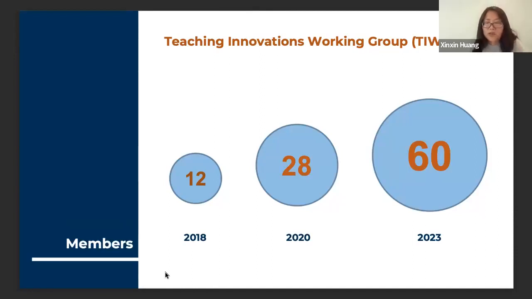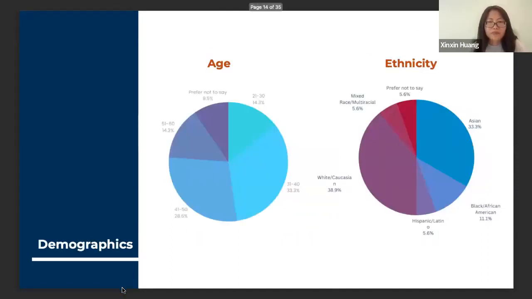TIWG is officially chartered in 2021. Since then, our membership has grown significantly and has doubled the membership and reached a total of 60. Our members come from diverse backgrounds, spanning age from 20 to 60, and represent a wide range of ethnicities.